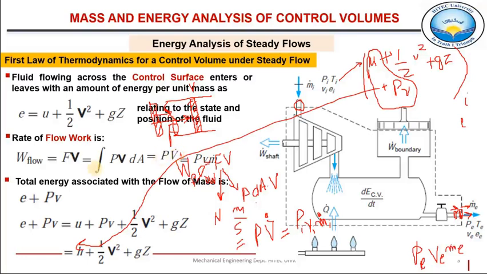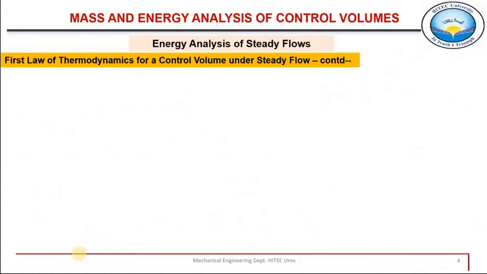So please be careful about the difference between these two v's. One is bold v, that is velocity, and the other is v with dot, that is volume flow rate. That is the total amount of energy which fluid carries, and here we can combine these two energies, the flow energy plus internal energy, and that becomes enthalpy. So that is the total amount of energy with which fluid enters and leaves the system.